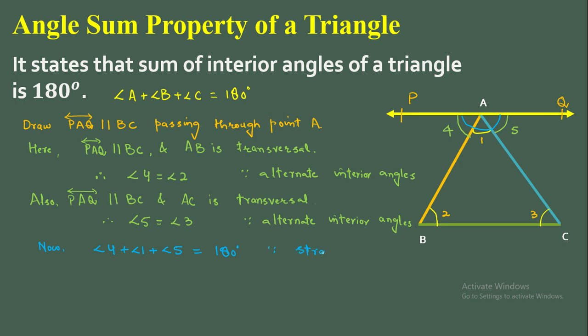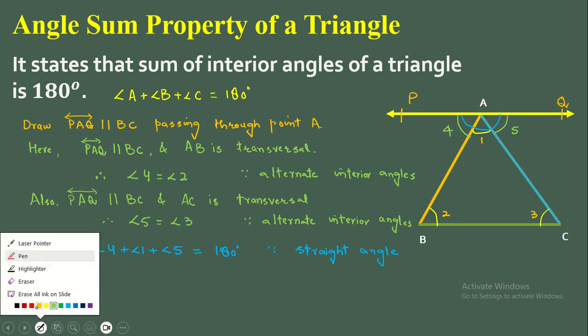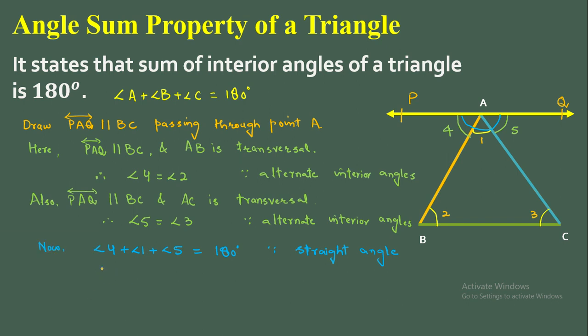So we'll give the reason here as straight angle, and the measure of a straight angle is 180 degrees. So we can simply say that angle 4 plus angle 1 plus angle 5 is 180.